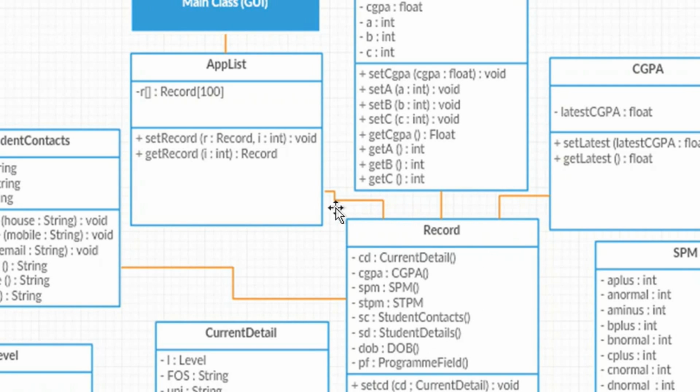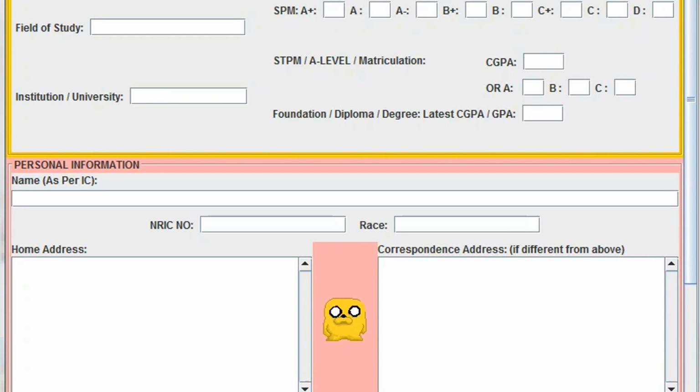So what we did is that we created another class called AppList, and this AppList will hold a record class with an object named R in an array of size 100. So this record object, R, will be used in the main class. So that is all, and we will look through our main class later on.